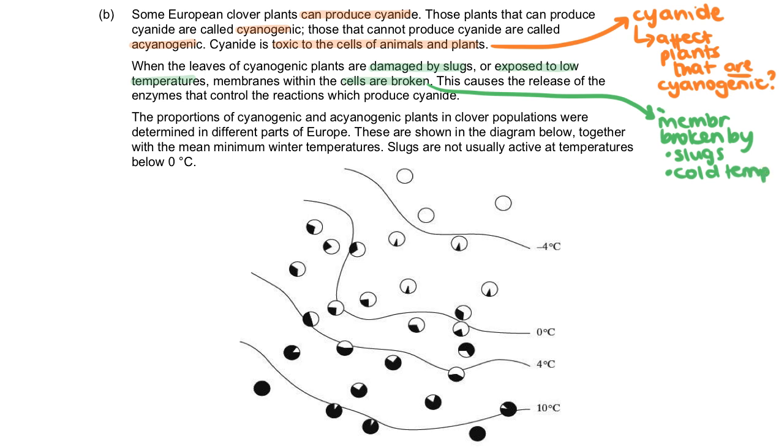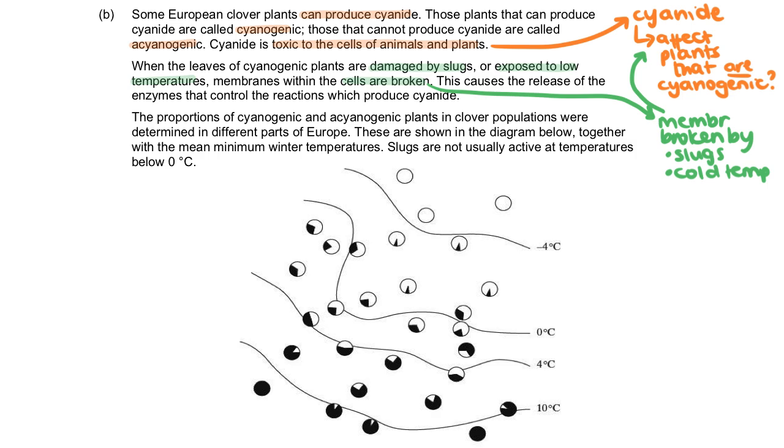And now I'm trying to link that back to my initial thoughts. If the membranes of these cyanogenic plants are broken, are they then going to damage the rest of the plant with the cyanide that's contained in those cells?